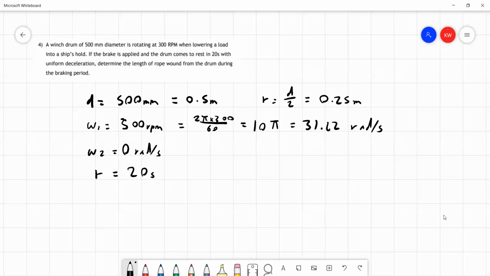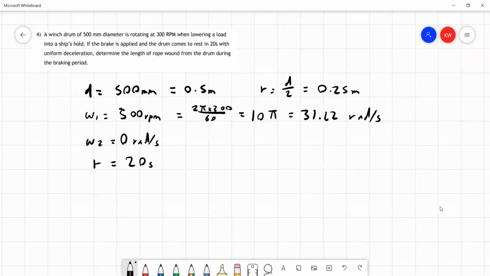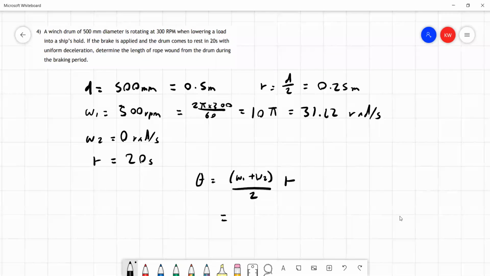So let us think about this, because we know how to move between angular and linear quantities. We have been given some angular quantities relating to the drum, and so we can use this to work out the angular displacement, how far the drum has turned in the time period, using one of our formulas of angular motion, this one here, where theta is equal to omega 1 plus omega 2 divided by 2 multiplied by the time. So in this question, I'll just use the exact value of 10 pi for omega 1.